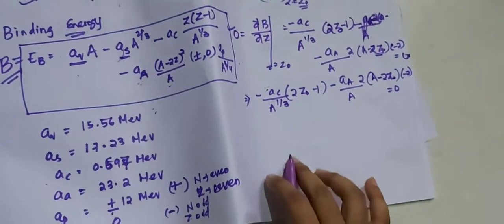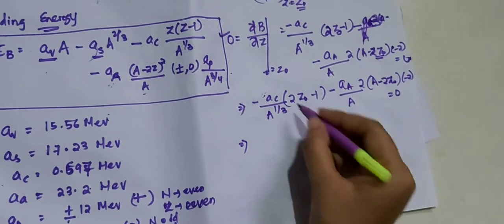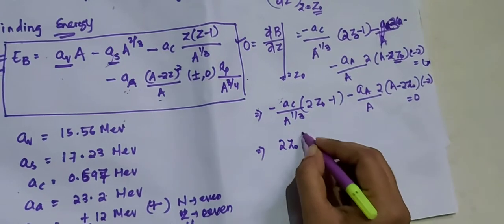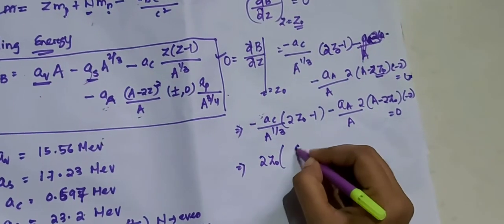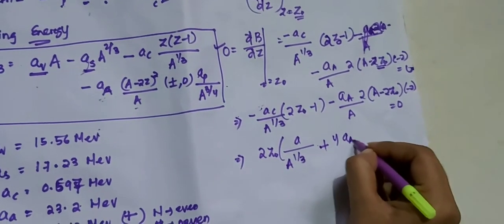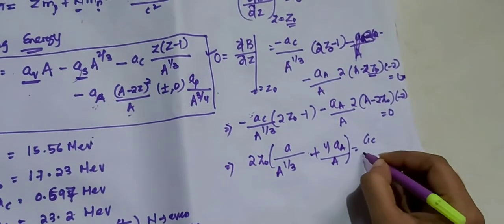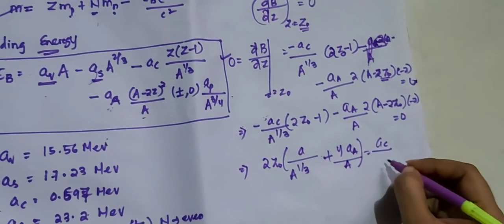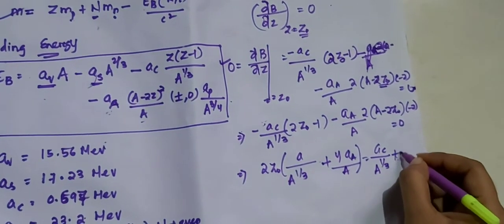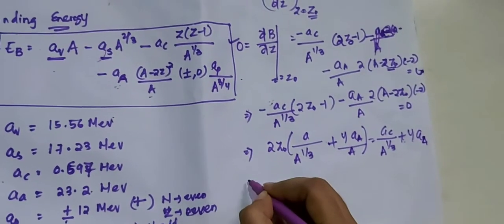After a little simplification, writing the Z naught terms on the left hand side, I get 2Z naught times AC by A to the power 1 by 3 plus 4AA by A, and on the right hand side, taking out the terms without Z naught, I get this much. This is the asymmetric term.